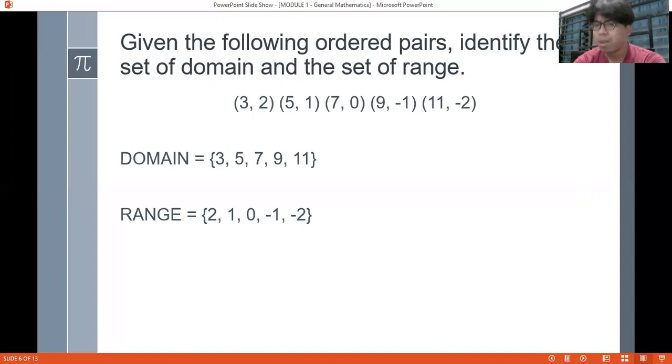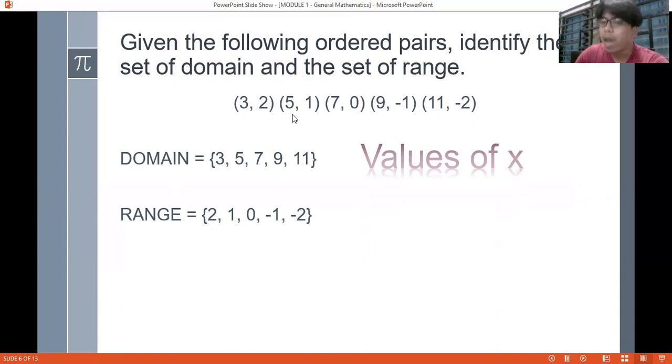Why is the domain 3, 5, 7, 9, 11? Because the domain is the values of x. Let us remember that the values of x are located on the left side of each ordered pair. So in (3, 2), 3 is located on the left side, so that is the domain, and the domain is the values of x.